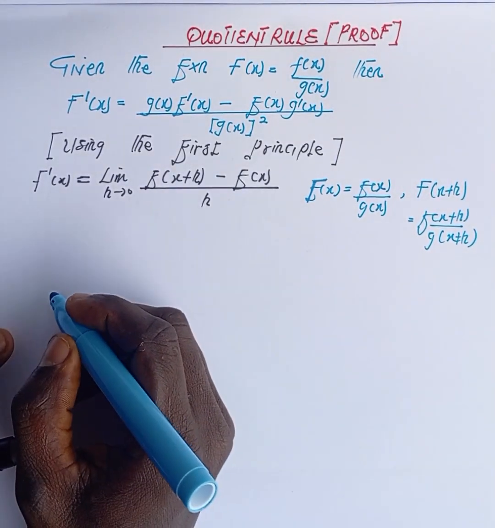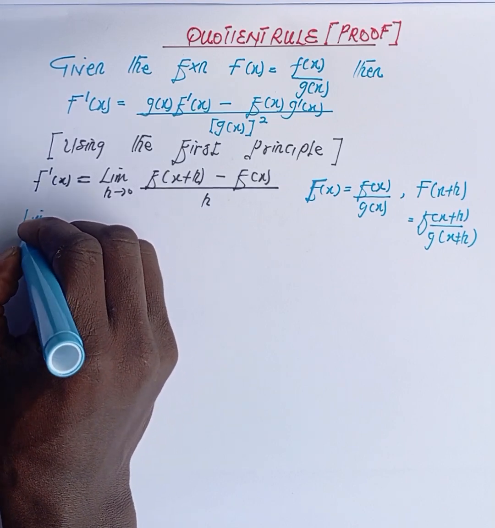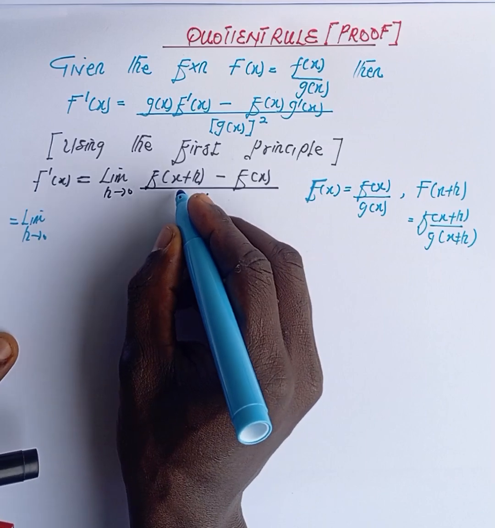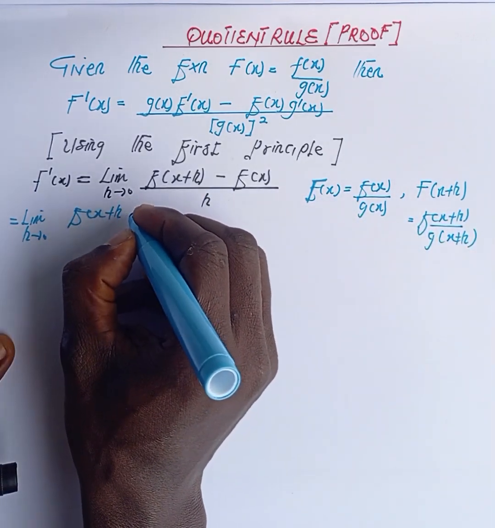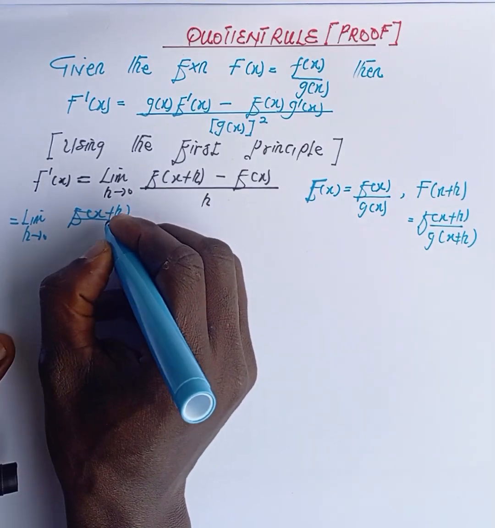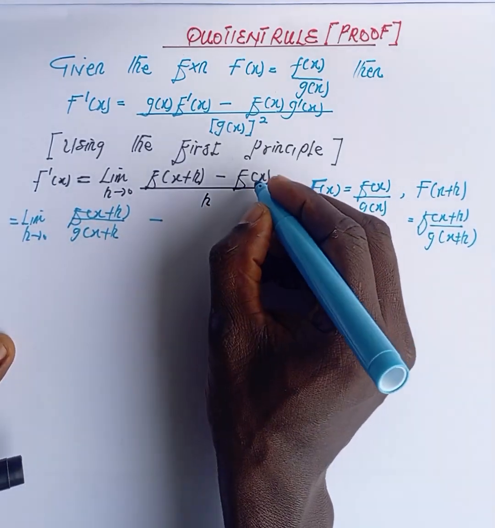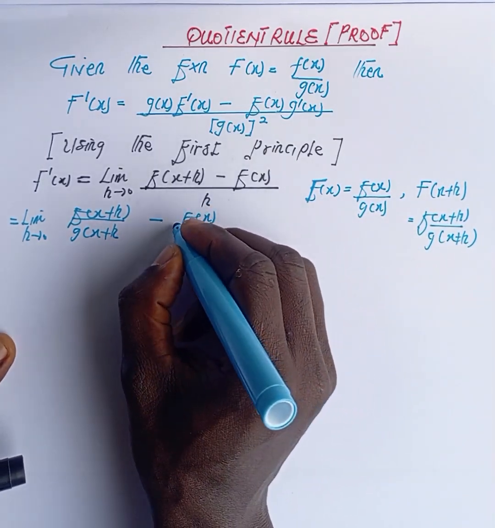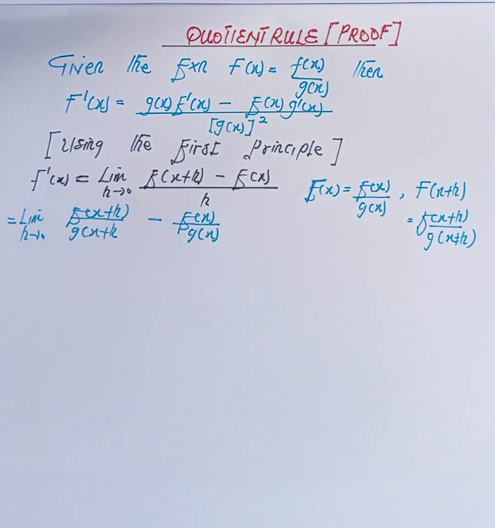So we are going to get the limit as h approaches 0 of f at x plus h all over g at x plus h, and then minus f at x all over g at x, and the whole of this is over h.